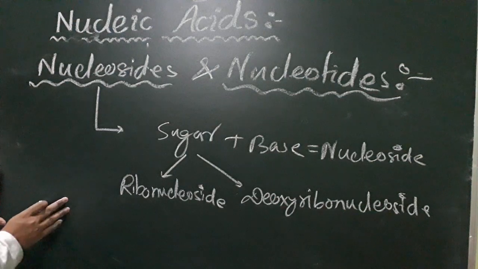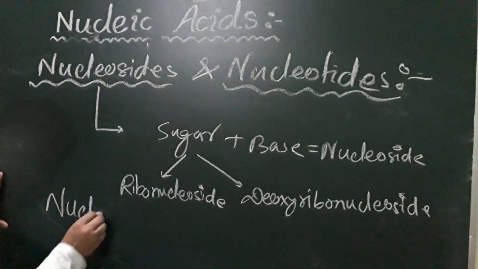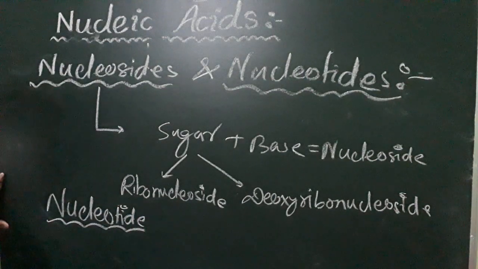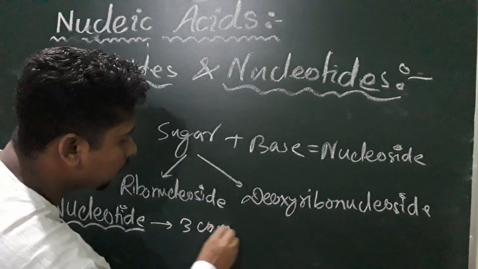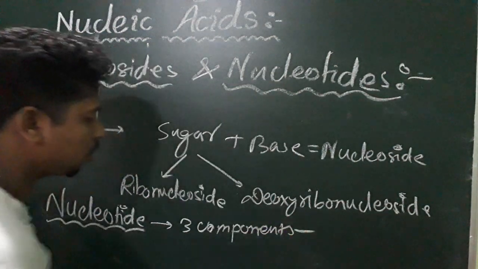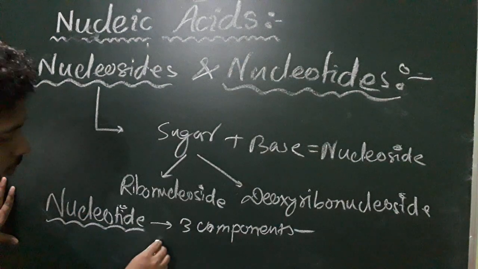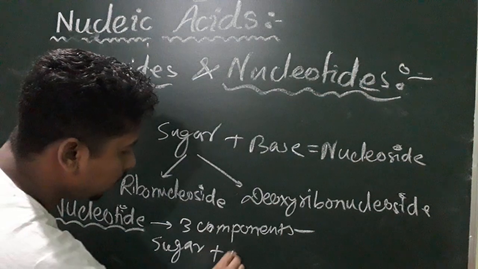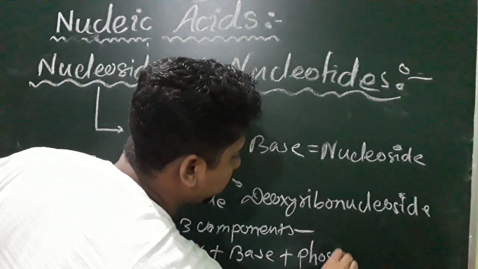Now next, nucleotide. This nucleotide consists of three components. What are these three components? It will contain one sugar unit, a base, and a phosphate group.